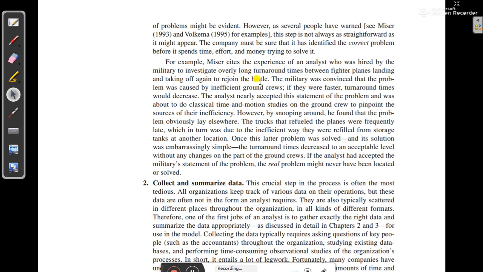So the problem is to investigate the overly long turnaround times, and to minimize them.